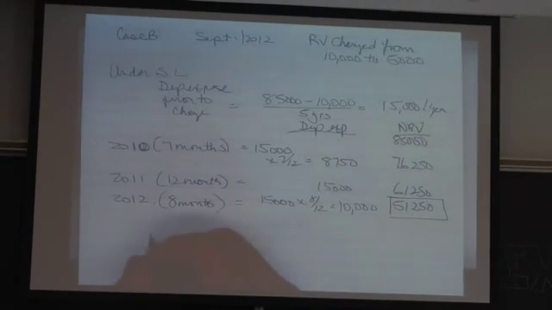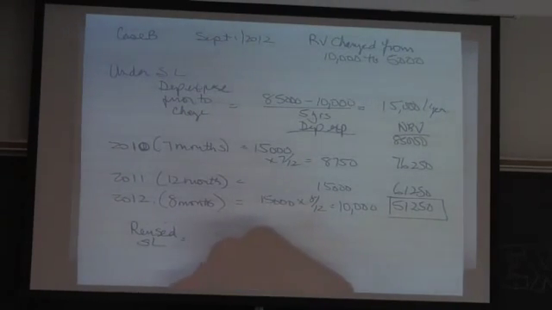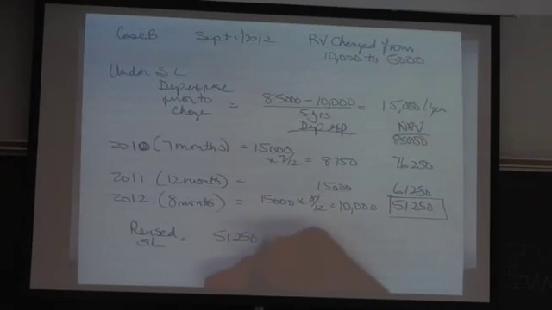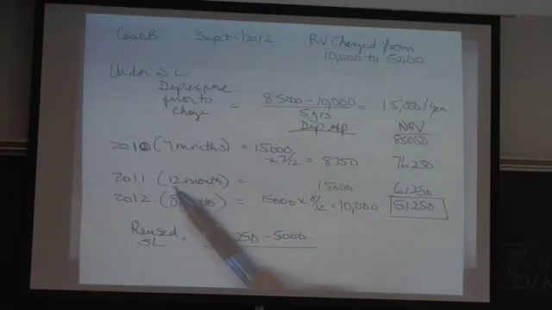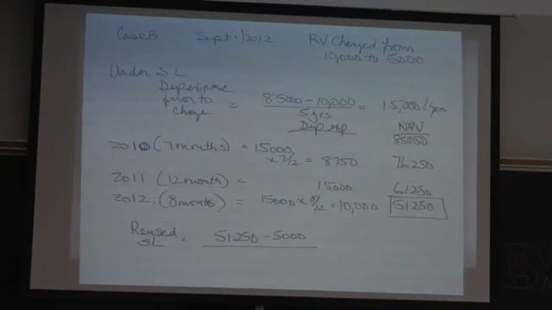So the revised straight line is net book value prior to the change 51,250. We're going to subtract 5,000, the new residual value. And the useful life we know is we've got 7 months plus 12 months, that's 19, plus 8 months, that's 27 months. And 27 months is 2.25 years. So it's going to be 5 less 2.25 years.